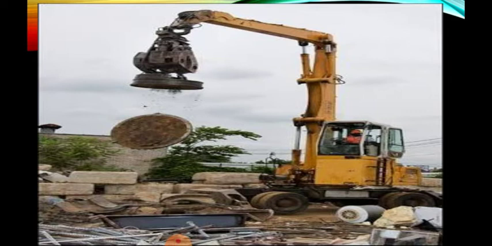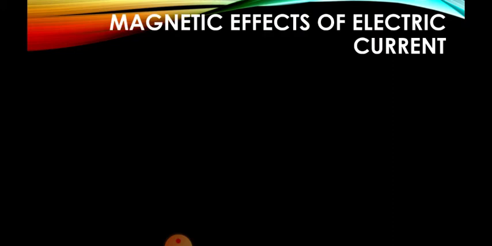You know, my dear students, that electric current produces a magnetic field. So today, let us learn how the electric current produces the magnetic effect. So a crane is an example of the magnetic effect of electric current.